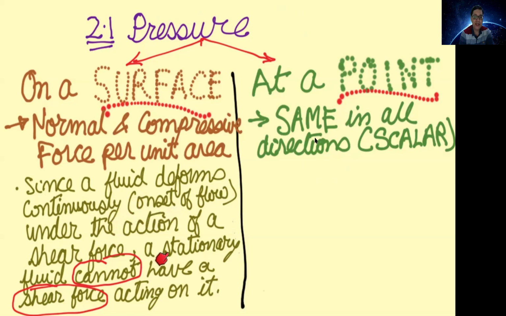But in a stationary fluid, there is no onset of flow, so the shear force should be absent. So a stationary fluid cannot have a shear force acting on it. So the only possibility is that it can have a normal force.